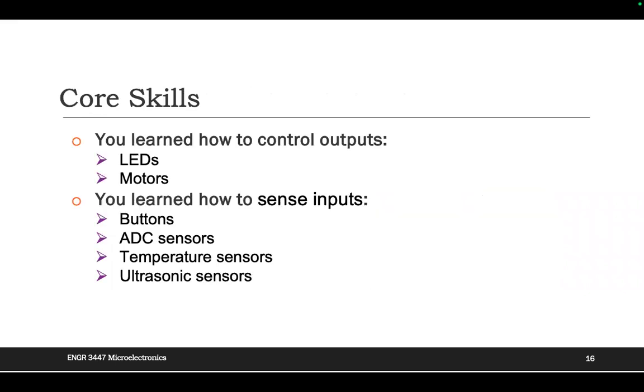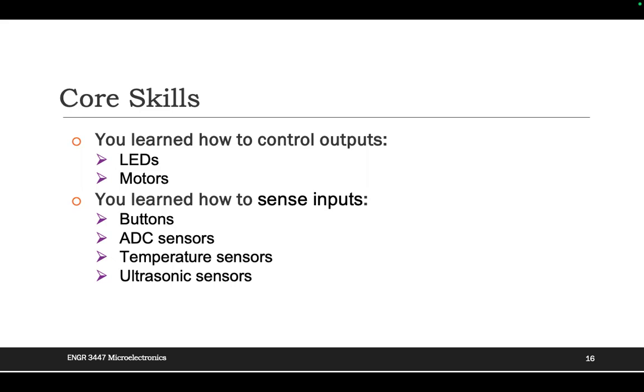And then for this class, I think you should master these skills, and I think you have already mastered them. Firstly, you learned how to control outputs. As we know, during our labs, we learned how to control LEDs and how to control motors.